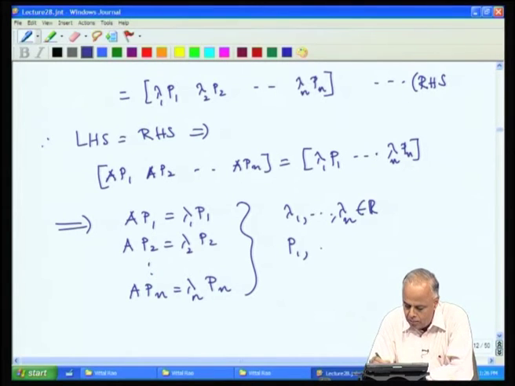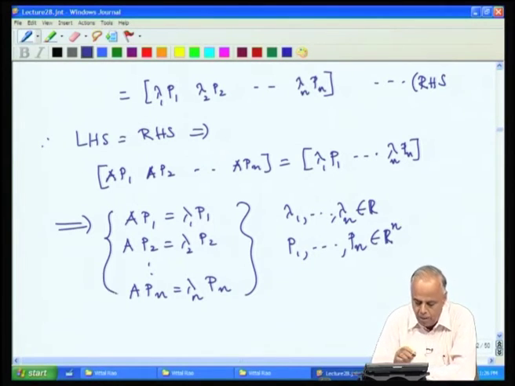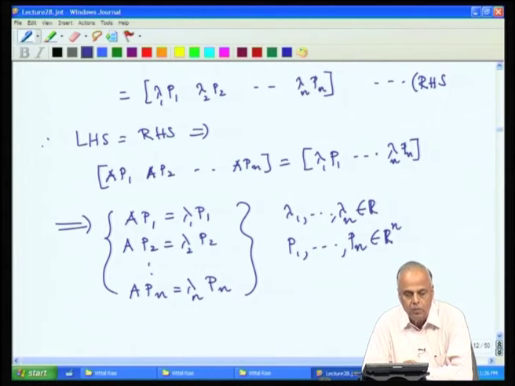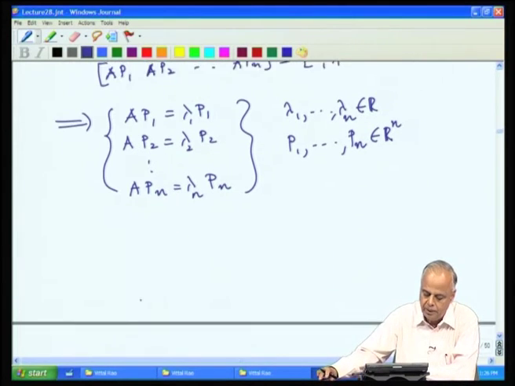Recall that the columns are all in R n, they are all column vectors and they have n components. So, thus we get A P 1 equal to lambda 1 P 1, A P 2 equal to lambda 2 P 2, A P n equal to lambda n P n.